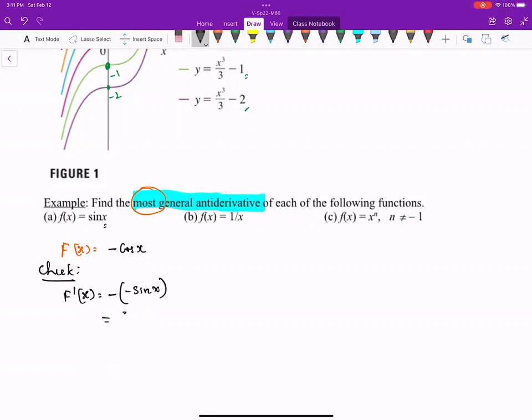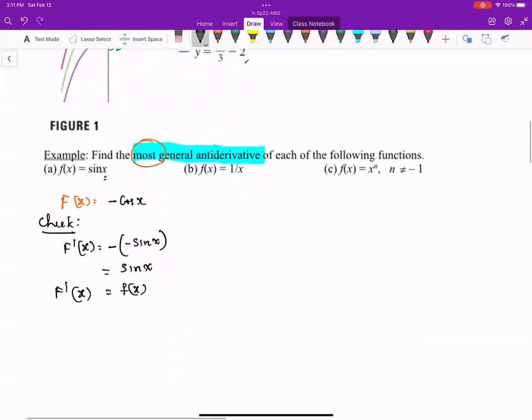So negative of negative sin x is sin x, which is nothing but the original function. So once you get an answer to the antiderivative, the way to check whether it is the antiderivative of the original function is to differentiate your answer. Then you have to get the function back.